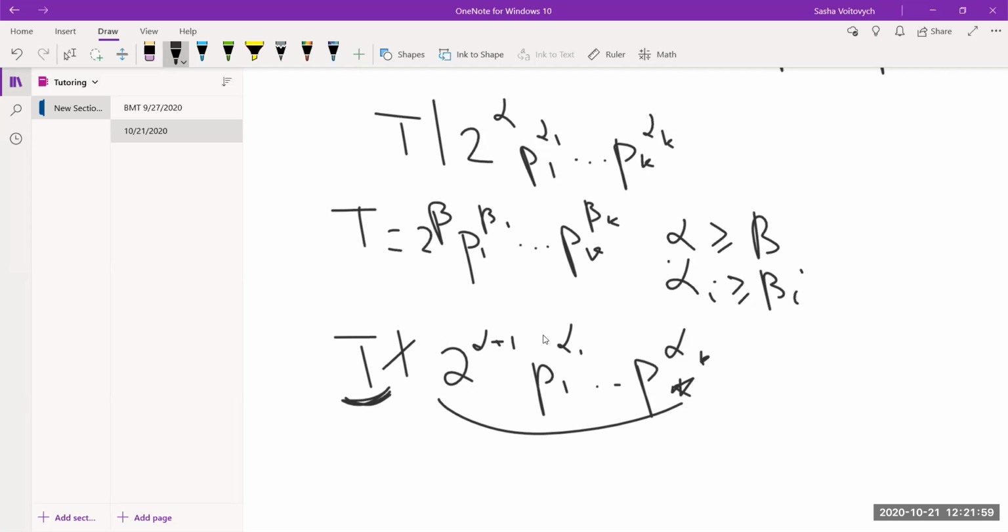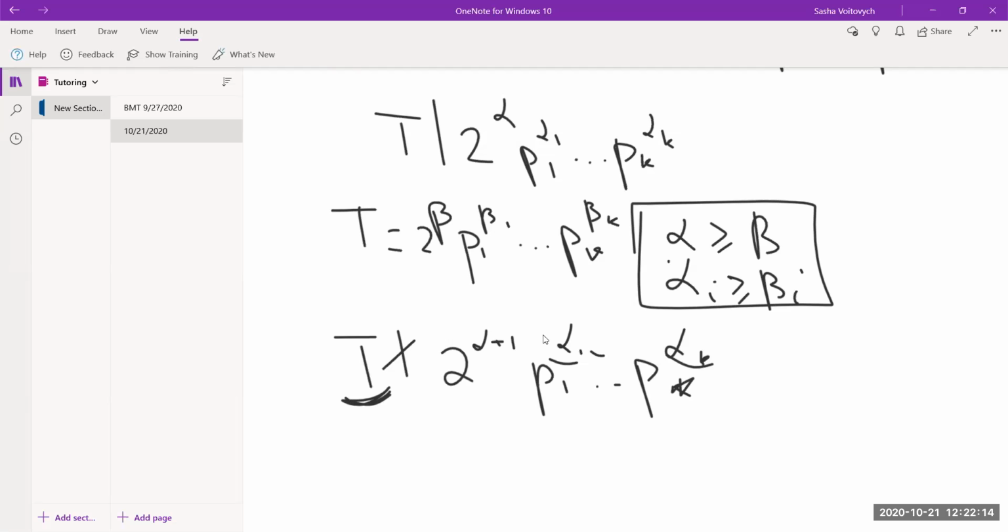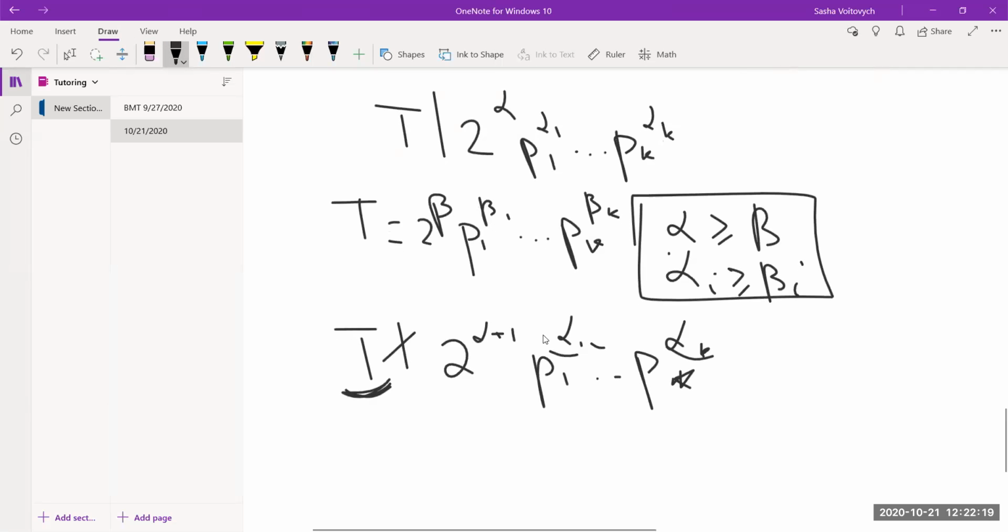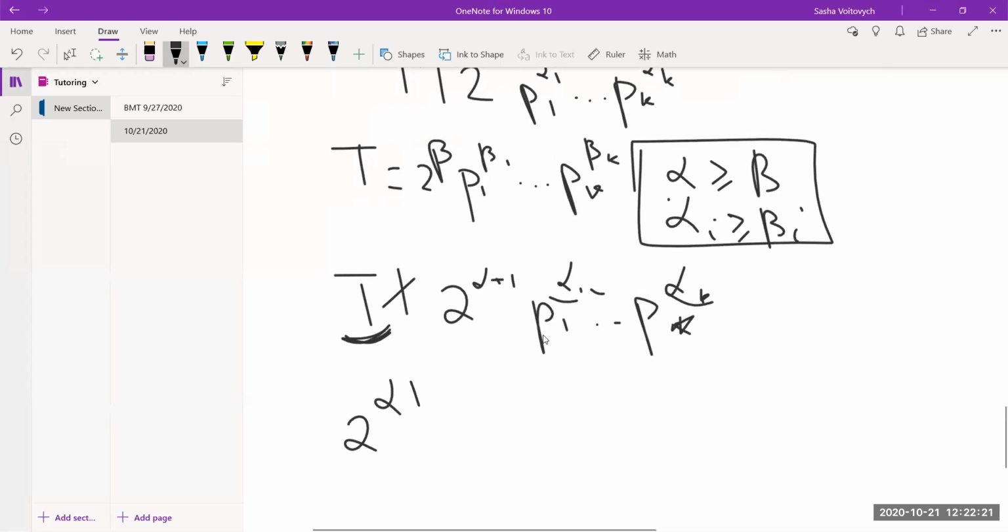However, we already know that all primes, except for 2, divide it in powers that are not less than alpha 1, alpha 2, alpha k. So the only prime that could be is 2.